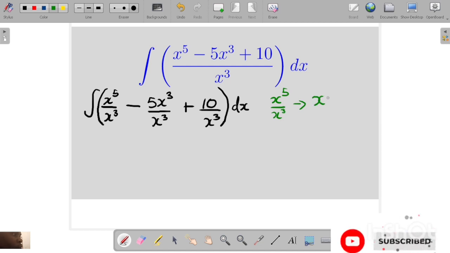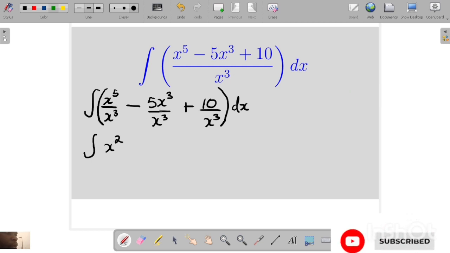So you have x to the fifth minus 3, so this simplifies to x to the second power. This has simplified to that.